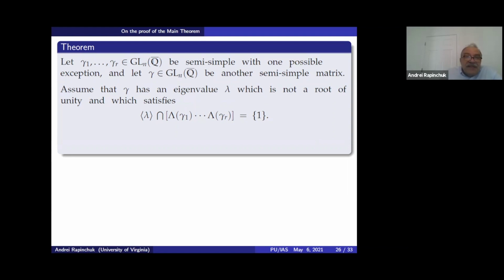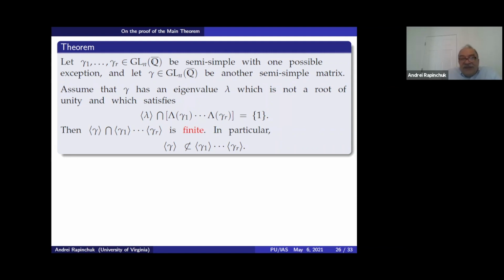The cyclic subgroup generated by lambda is disjoint from the product of the subgroups generated by the eigenvalues of other elements. In other words, suppose our matrix gamma has an eigenvalue which is independent from the eigenvalues of all other matrices. In this case, we prove that the intersection of the cyclic group generated by gamma with the product of the cyclic groups generated by all other elements is finite. And then, of course, the group generated by gamma cannot be inside that product of those cyclic subgroups. That's how it works.